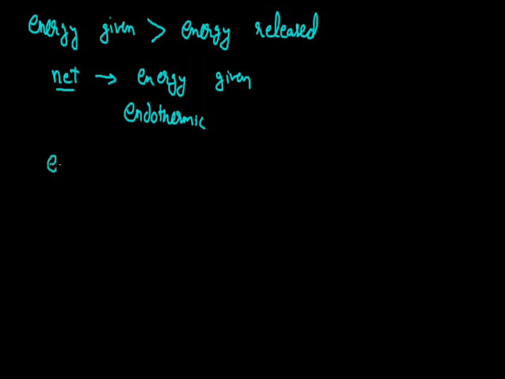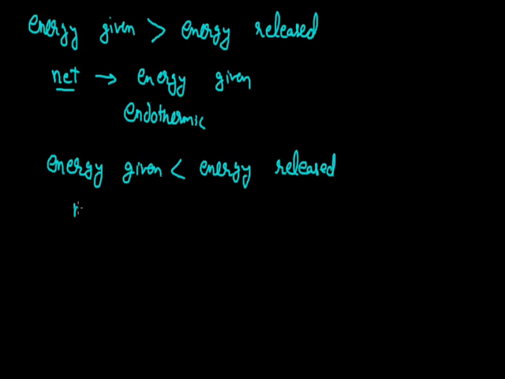Opposite to this, if the energy required by the reaction, or energy given by us to make the change occur, is lesser than the energy released by the bond formation, then the net process will be of energy release.